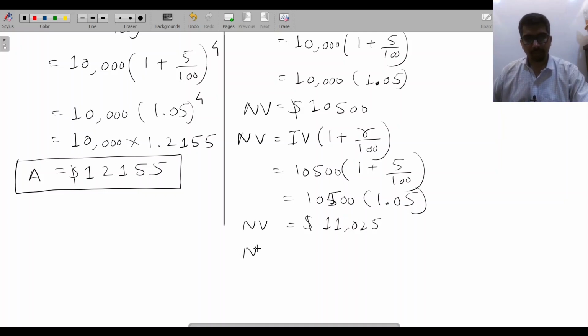Now for the third year, the formula remains the same: NV equals IV times (1 plus R upon 100).